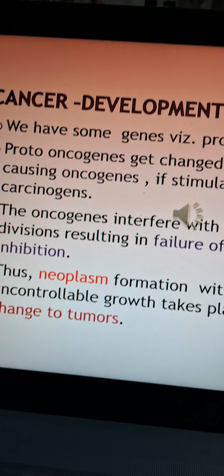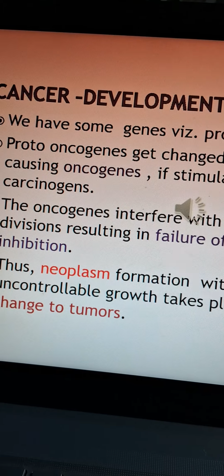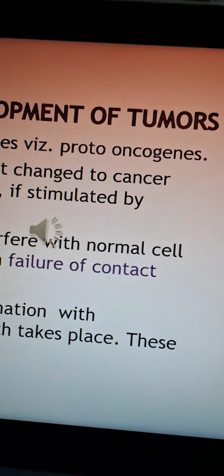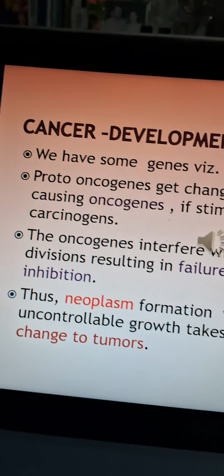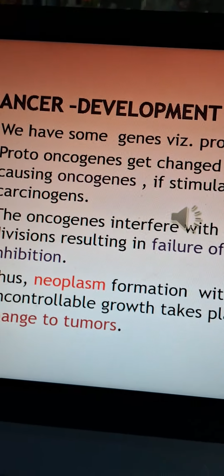The development of tumors causing cancer. We have some genes, namely proto-oncogenes. Proto-oncogenes get changed to cancer-causing oncogenes if stimulated by the carcinogens.